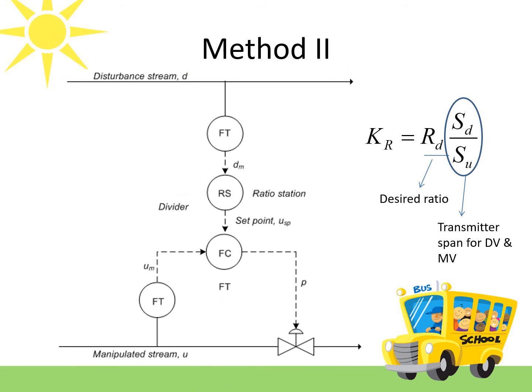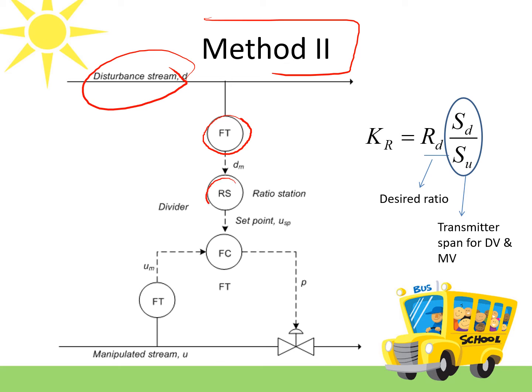In method 2, the flow rate of the disturbance stream is measured using the flow transmitter and then transmitted to the ratio station, which multiplies this signal by an adjustable gain whose value is the desired ratio multiplied by the span of both dV and mV.